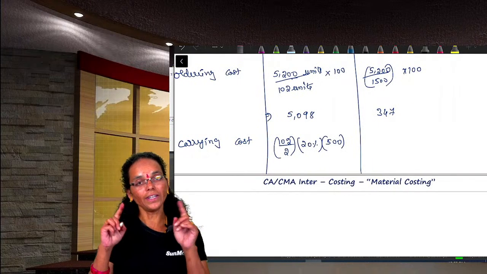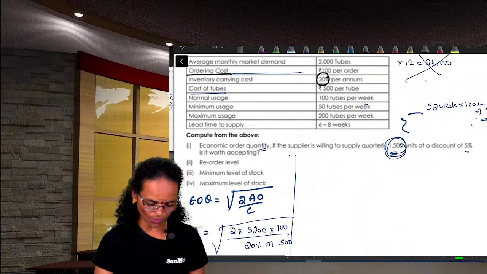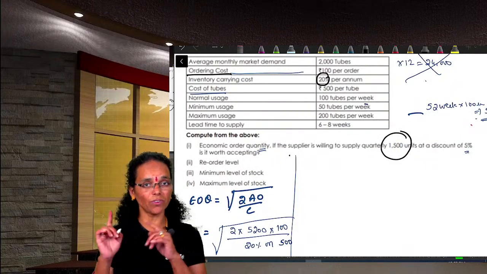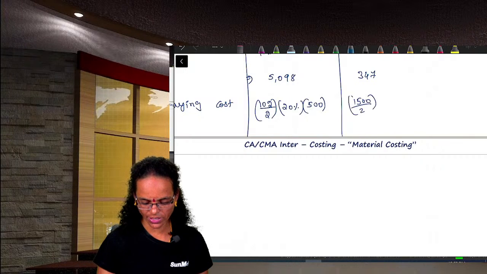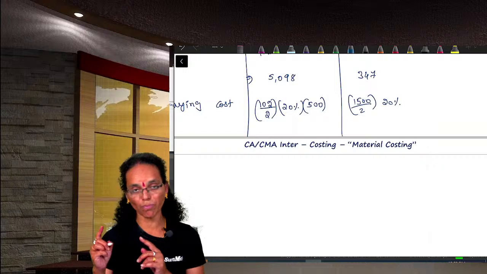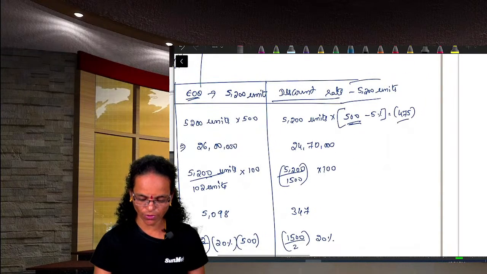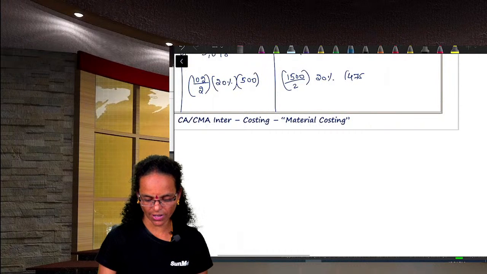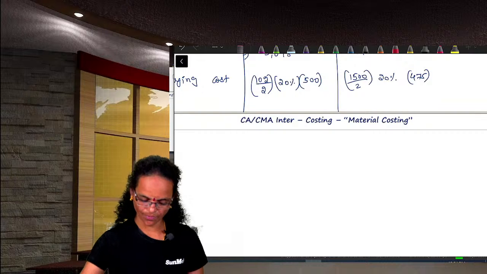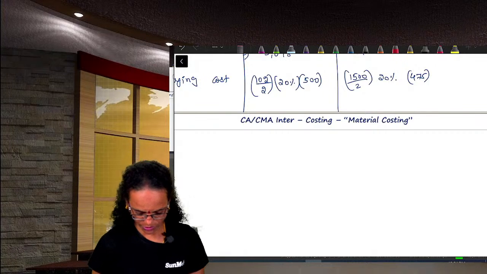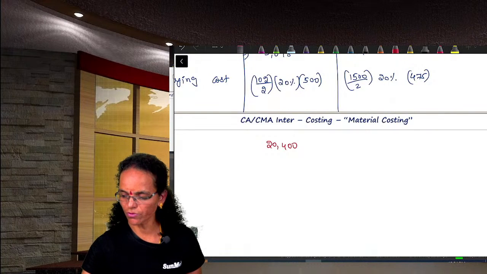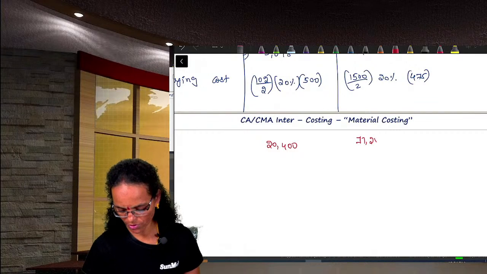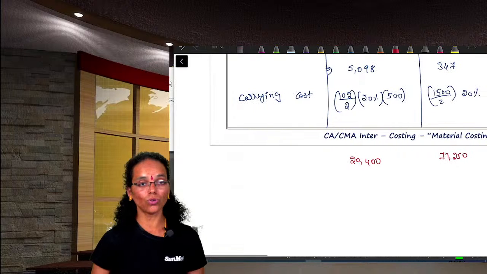But in the discounted one, we are purchasing and carrying 1500 units in a single go, and on average 20% is the carrying cost on the purchase cost we paid to the supplier, 475. 102 divided by 2 into 20% into 500 is 20,400. 1500 divided by 2 into 20% into 475 is 71,250 rupees.